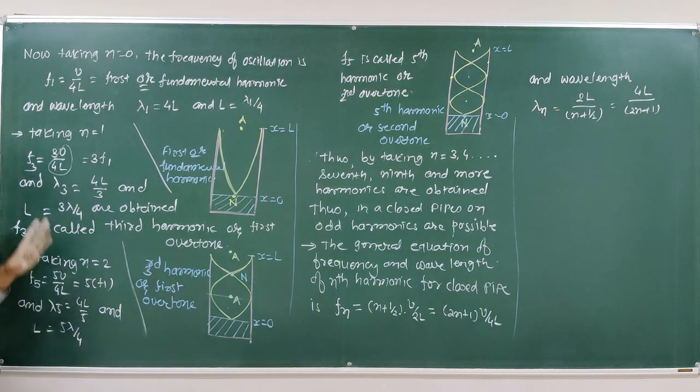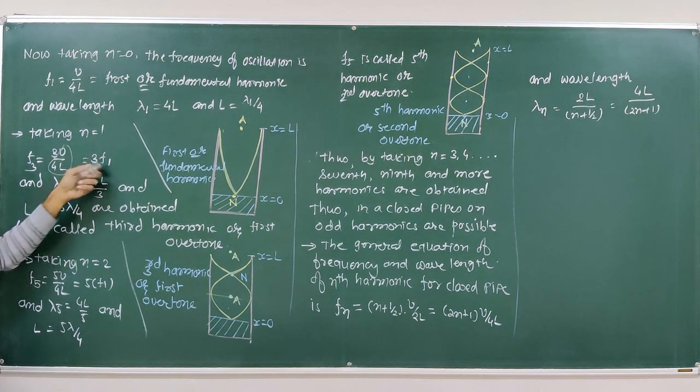Now, taking n is equal to 1, the next value of n after 0. We substitute here, therefore directly F3 is obtained. Why do we get F3, not F2? Because that is the second value. Here the frequency obtained is 3 times the fundamental frequency, 3 times F1. Therefore that is the frequency of the third harmonic, the even harmonic is absent.